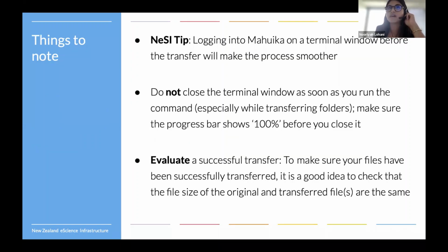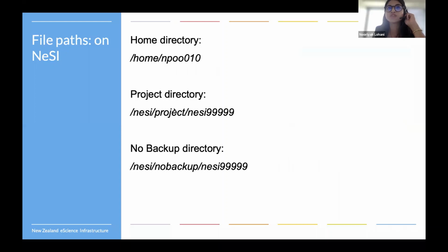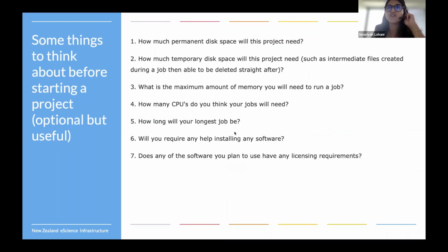Earlier in the slides, I mentioned the project directory and the no backup directory. The project directory is basically your permanent disk space, so your data stays there untouched. The no backup directory has an automatic deletion process, and it is not backed up, so it's not safe to put valuable data in there. So how much of that space do you actually need? It'll be really useful for you to know before you get started.